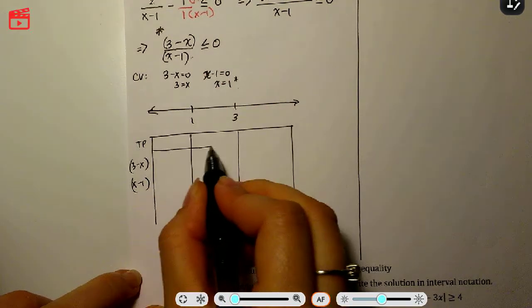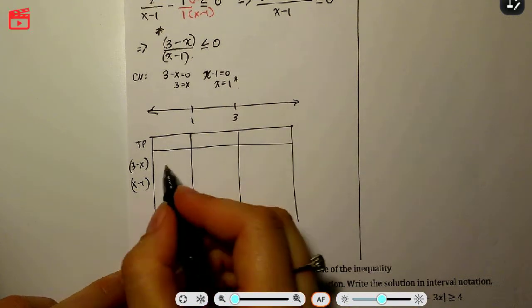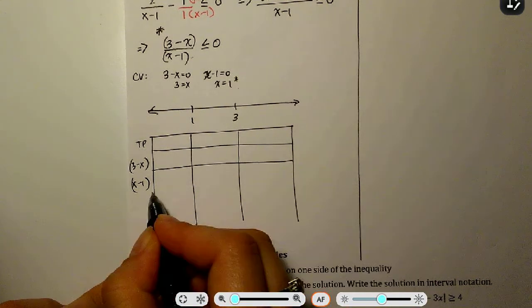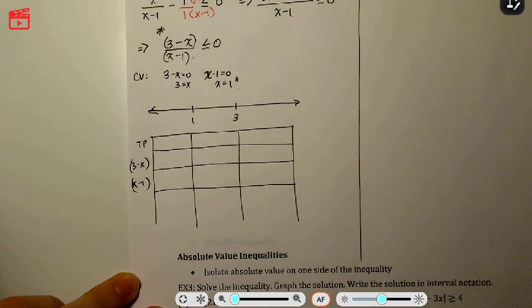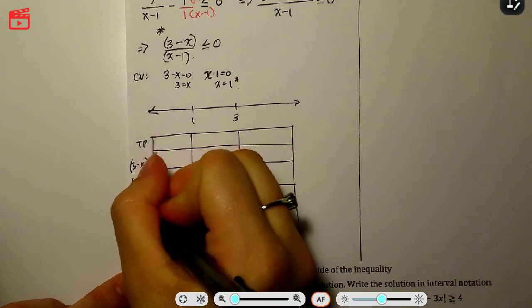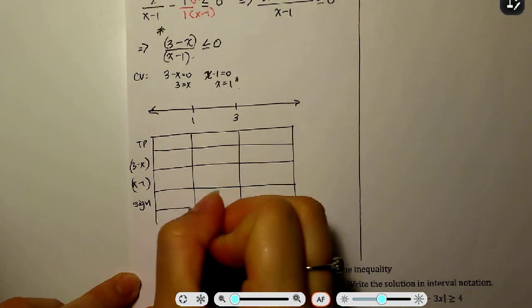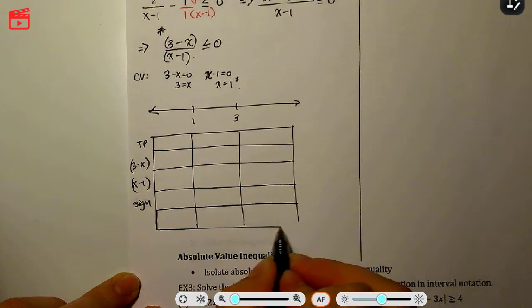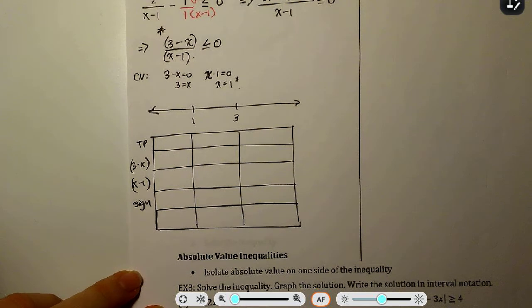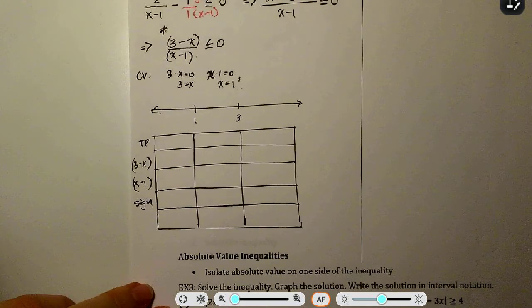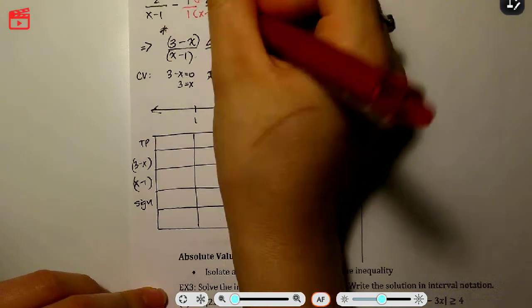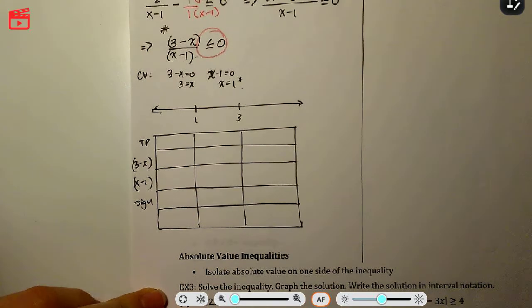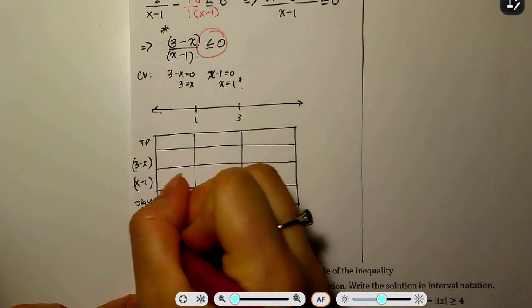Okay, so my test point box, that factor, this factor. When we're done with the factors, we check the sign. And then we put our end goal at the very end of our chart. What is our end goal? Well, our end goal is to see if our sign is less than or equal to 0. Let's go ahead and put that. Is it less than or equal to 0?